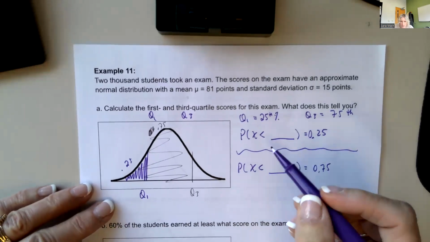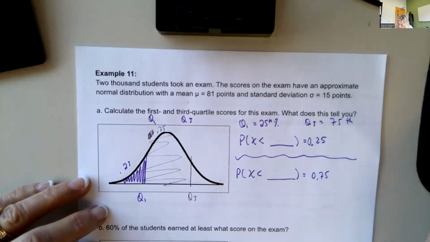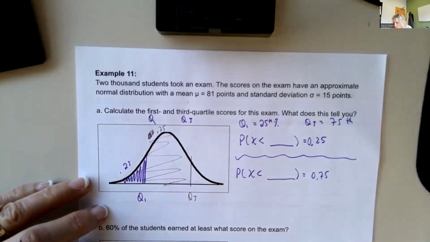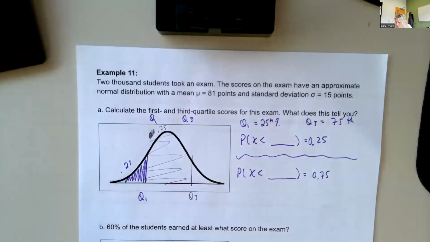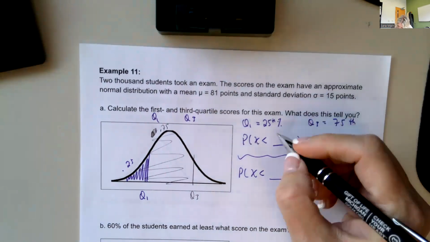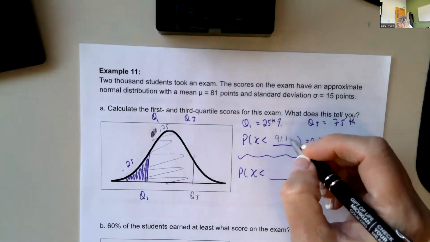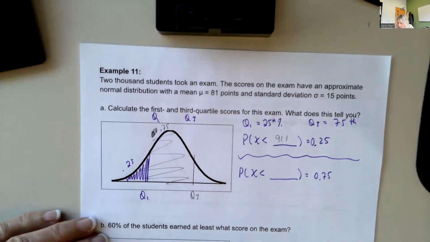So the Q1, the 25th percentile, is going to be a score of 70.88.